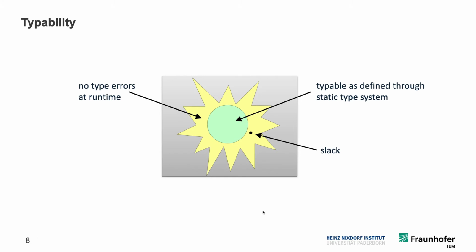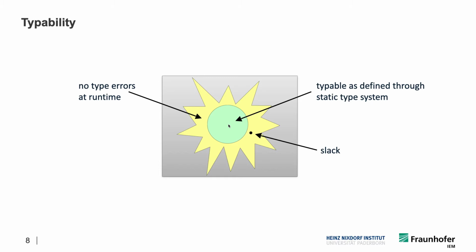And like I explained, the static type system that we will set up is usually designed in such a way that it's a real subset of this other set. So the amount of programs that you are allowing to statically type is a subset of the runtime type system, you could say.